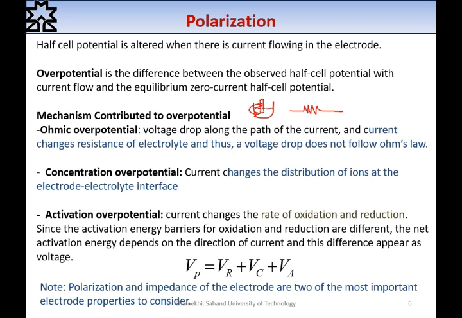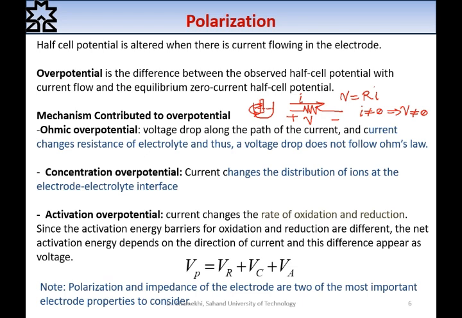If we don't have any current flow, the voltage drop on this resistance will be zero. But if the current flow is non-zero, the voltage drop will be non-zero too.